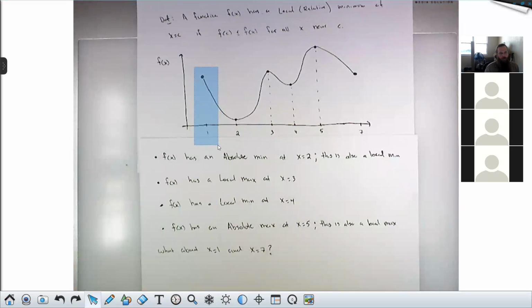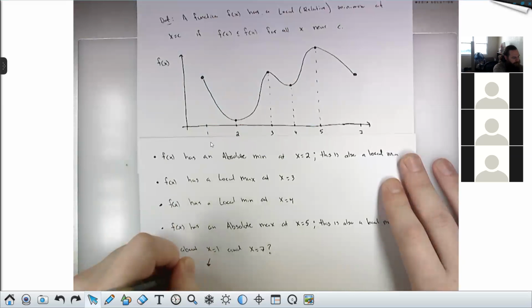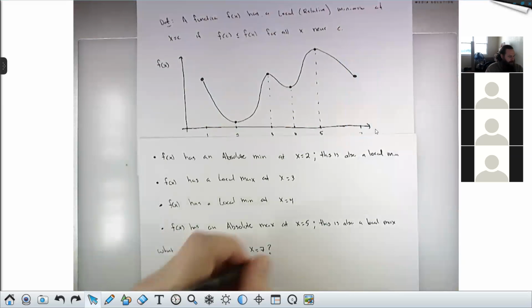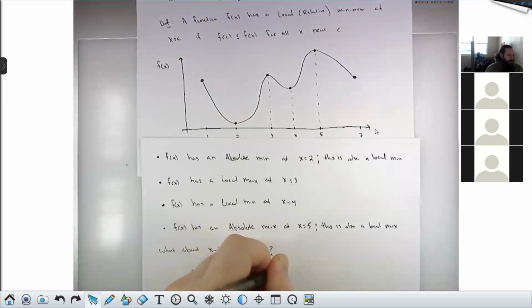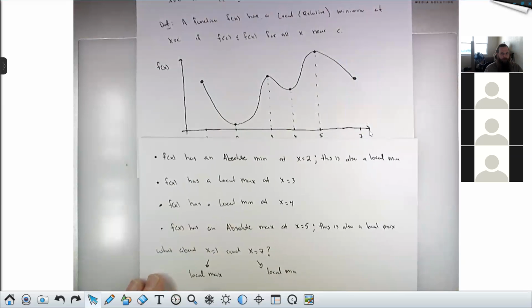If I draw a little window around this guy, that's the tallest point in that window, isn't it? So at x equals 1, we have again a local max. And at x equals 7, we have a local min. This is the smallest point in this window. If I draw a little window around it, that's the lowest point in there. So this is a local min, even though it doesn't have the same sort of shape as the others.